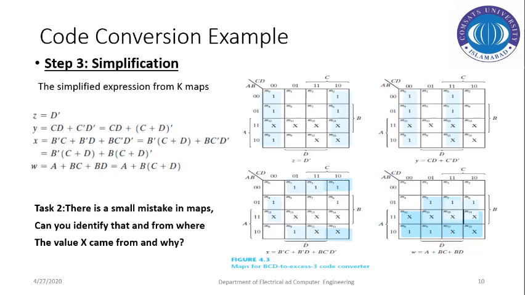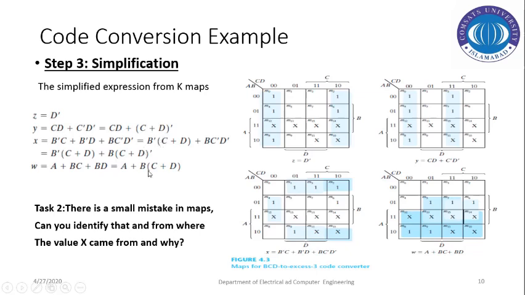Similarly, the rest of the expressions for the X and W are represented here in these maps. So these are the simplified expressions which we have attained from these maps, and we can see that these expressions are being converted into their equivalent form in order to optimize some resources. For example, this C or D term is mostly common between all the outputs.